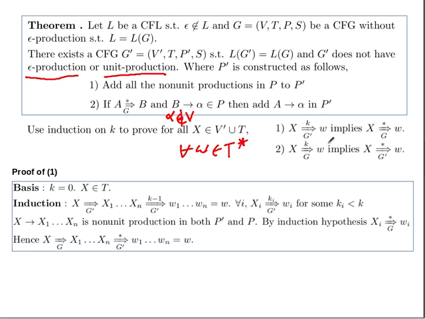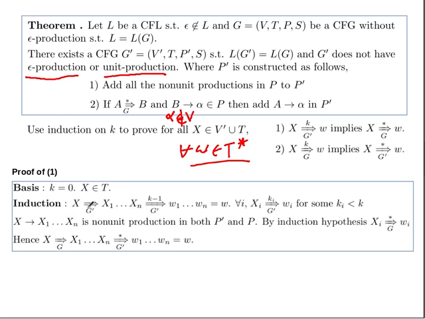So the basis is K equal to 0, so X has to be a single terminal, this is a single terminal, and this is 0. So that is the basis.